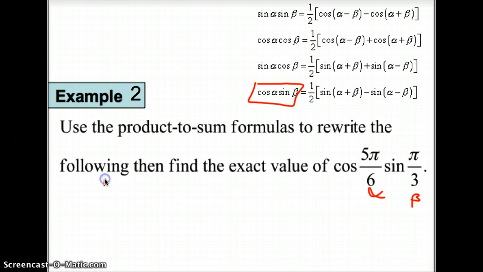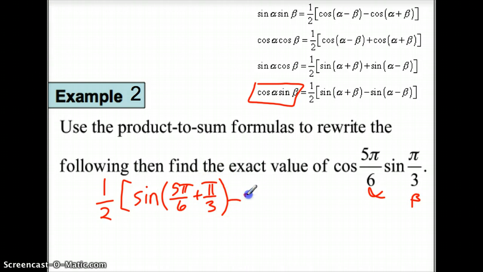So we're going to have 1/2 of the sine of the sum of the angles, so 5 pi over 6 plus pi over 3, minus the sine of alpha minus beta, so 5 pi over 6 minus pi over 3. It looks like I need to work with some fractions here and change some things to common denominators.